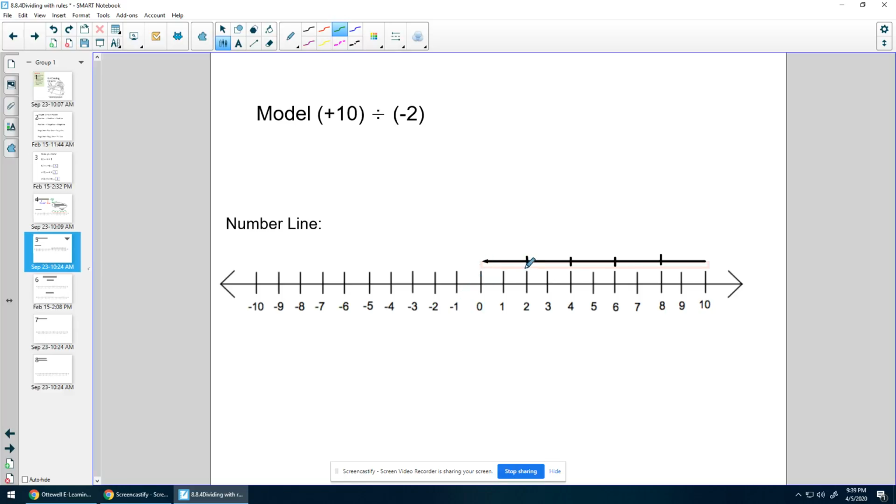And then we've split our dividend by our divisor, which is -2, so groups of -2. And we are left with, what is our answer? Well, we have 1, 2, 3, 4, 5 groups, and we are going backwards, -5. You can always check your answer by thinking about your rules. Positive divided by a negative has to give me a negative.